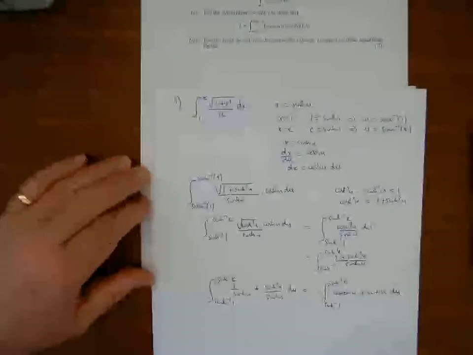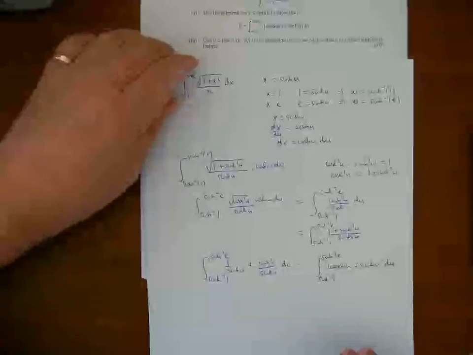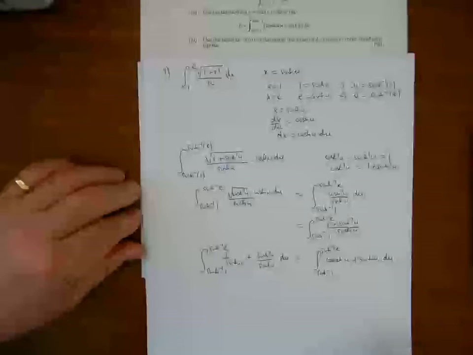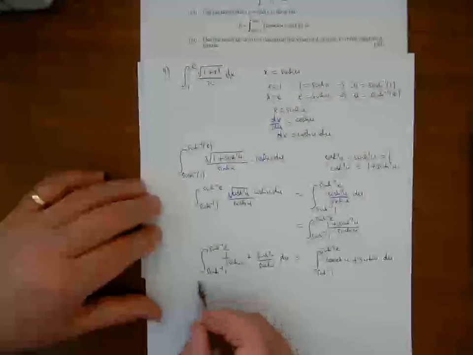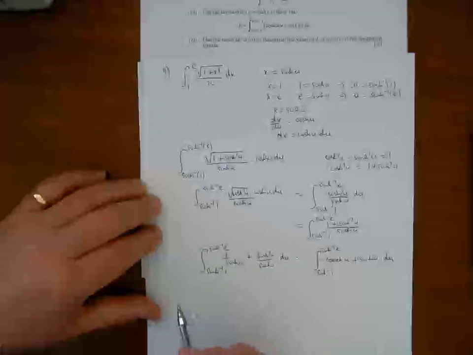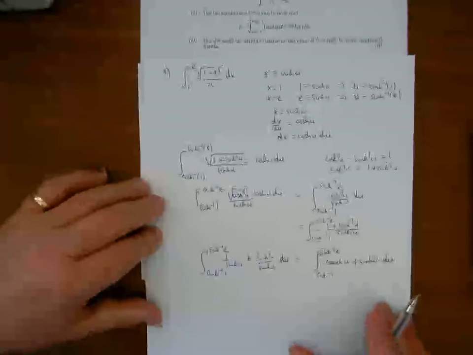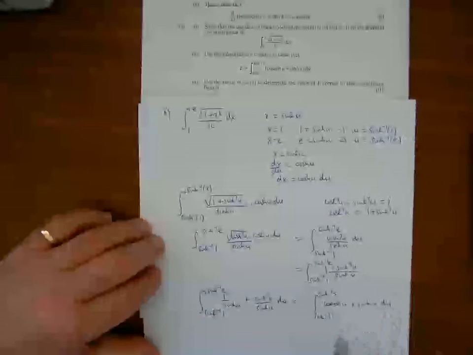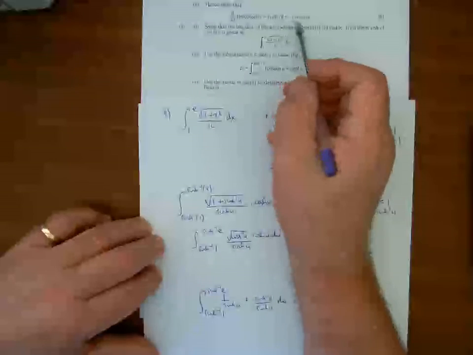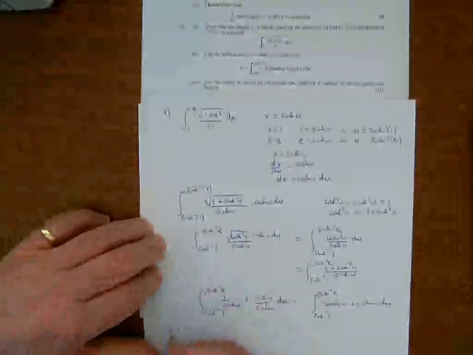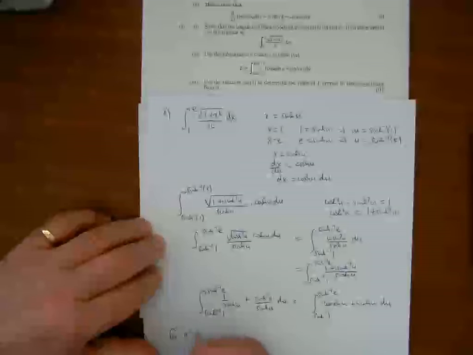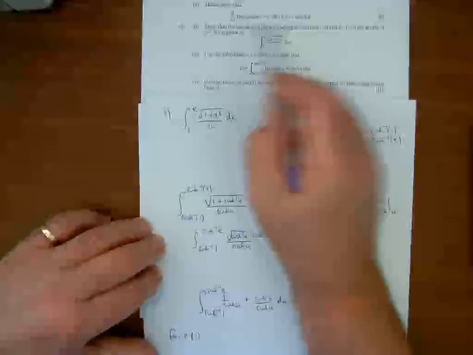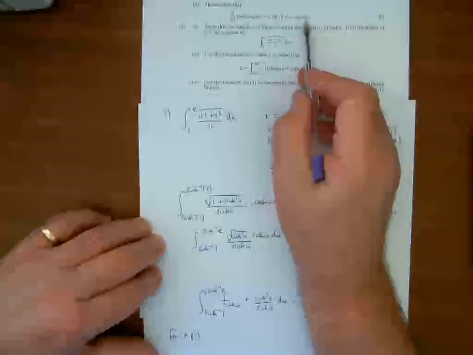And then the last part is telling me to use the result in A part 2 to determine the value of L. Now to use the result of A part 2, if I differentiate this side to get this side, then if I integrate this side I get that side.